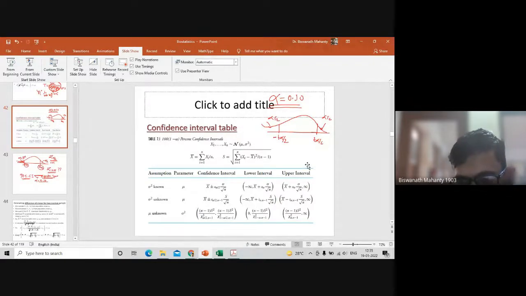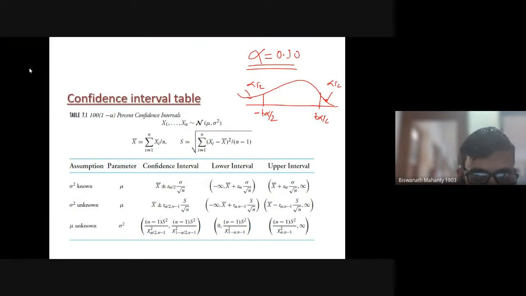And then I need to find T alpha by 2, right? That means we are looking for a point. Alpha by 2 means 0.05, so this area is 0.05. Left side of this, how much area?